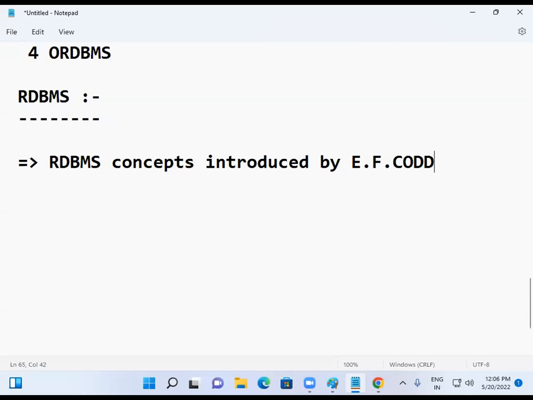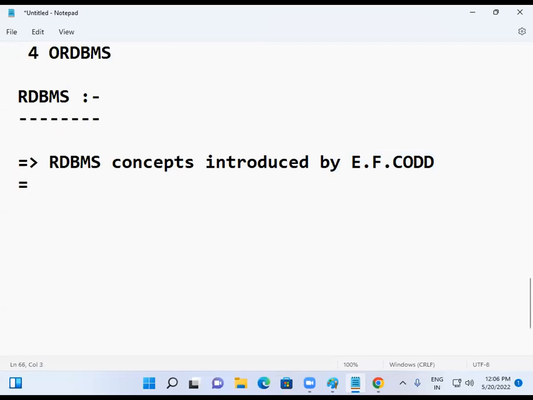After discussing this, you'll understand what SQL Server is. You can give the exact answer if anyone asks you what SQL Server means, if you know all this. E.F. Codd is the one who introduced the RDBMS concept.